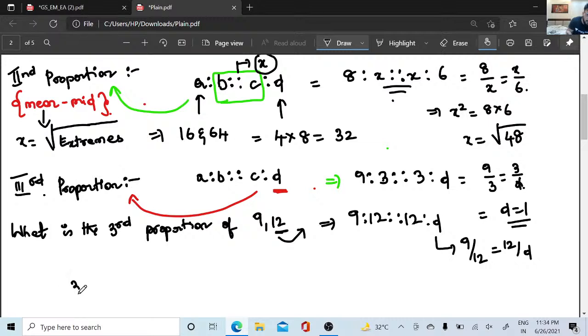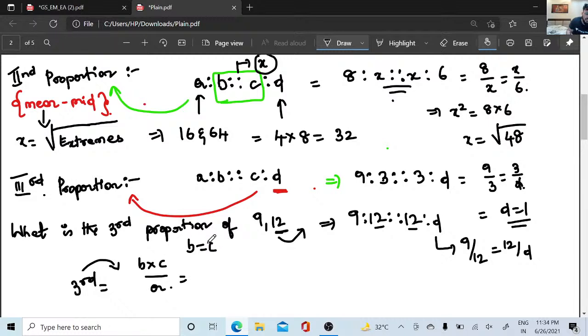Always the third proportion is actually b into c divided by a. In this case, b and c are always equal to each other.